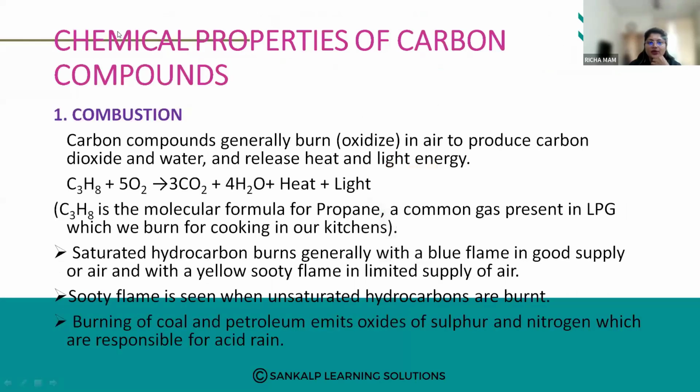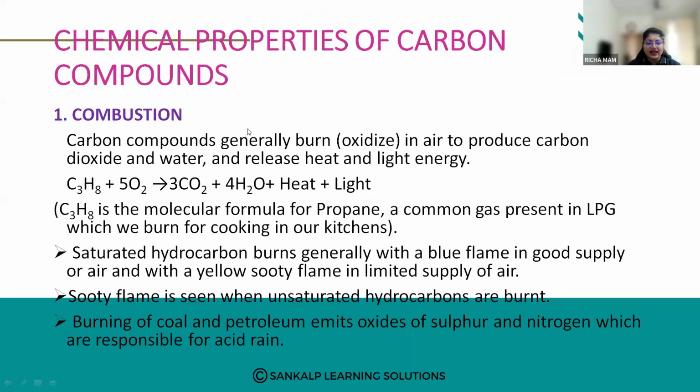Now, the next important thing is about chemical properties. Next, we are going to discuss the chemical properties of carbon compounds. So there are 4 important chemical properties of the carbon compounds. That is combustion. Next is oxidation.